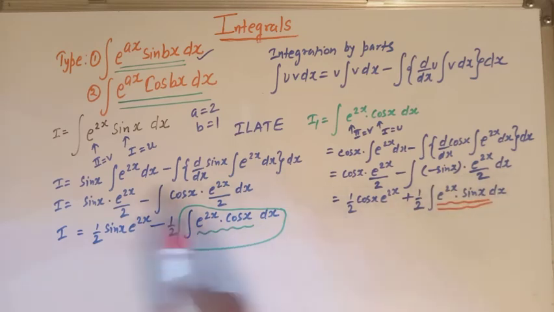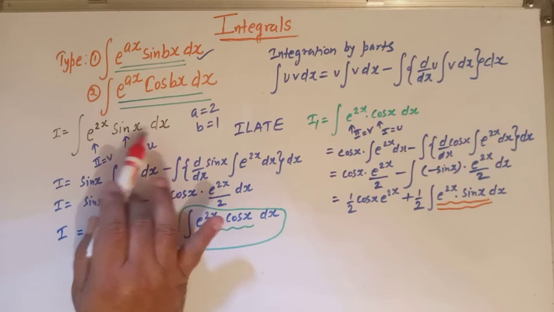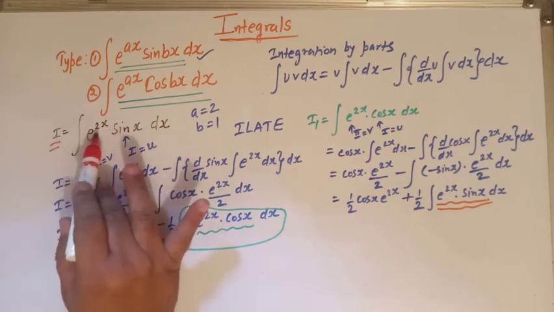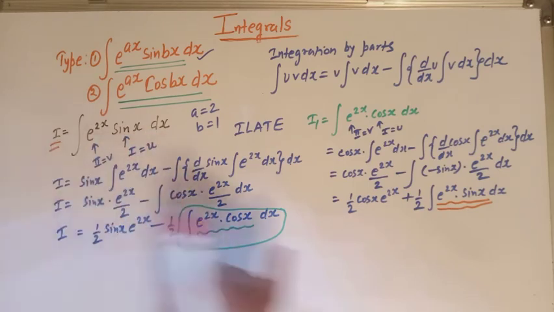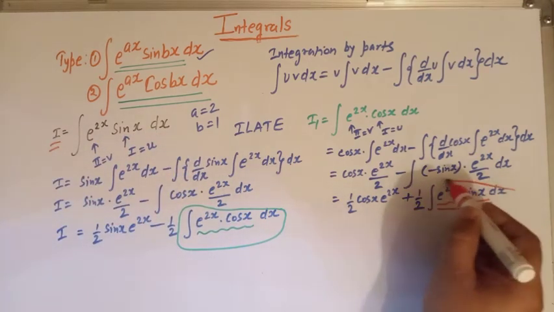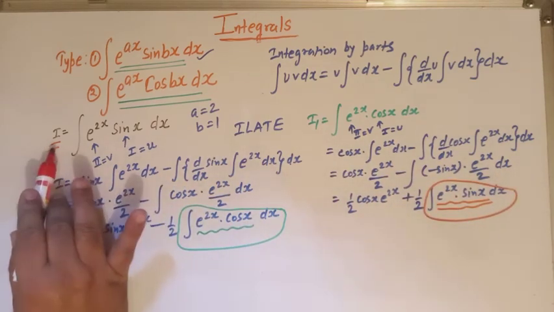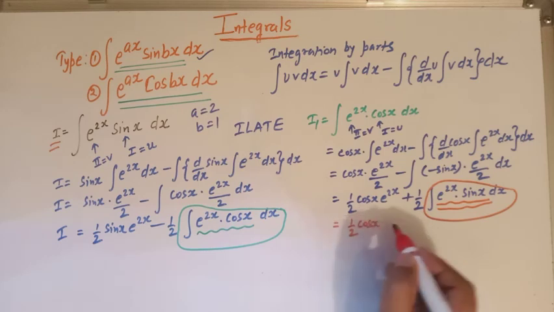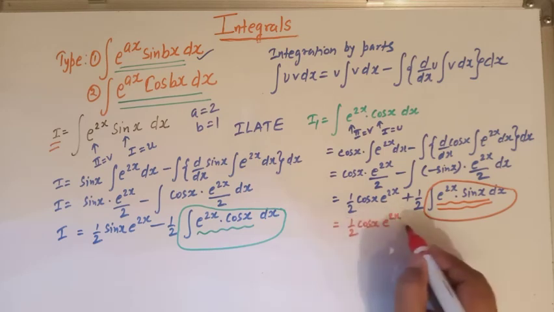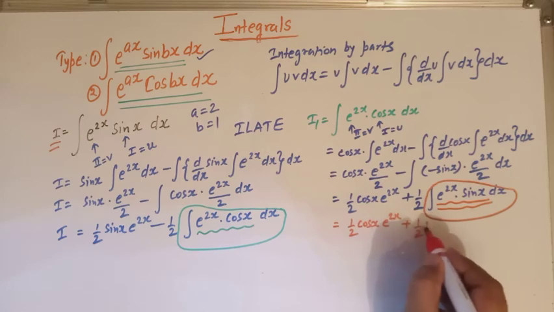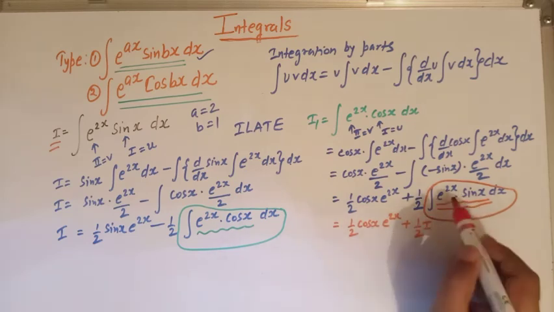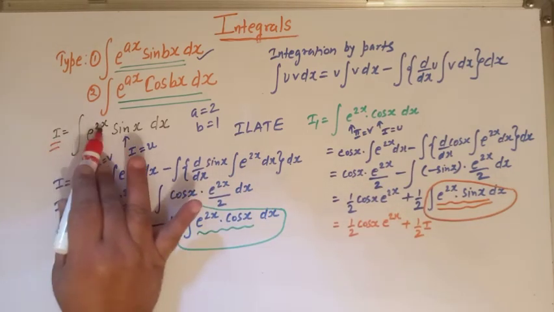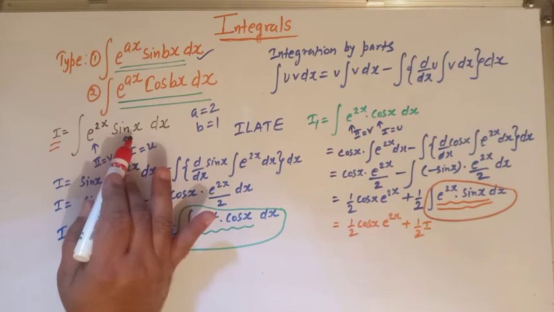What we assumed, the integral of e raised to 2x sin x dx, was I. So here we'll substitute for this integral as I. So we have half cos x e raised to 2x plus half of I, because we have supposed that I is equal to the integral of e raised to 2x sin x.